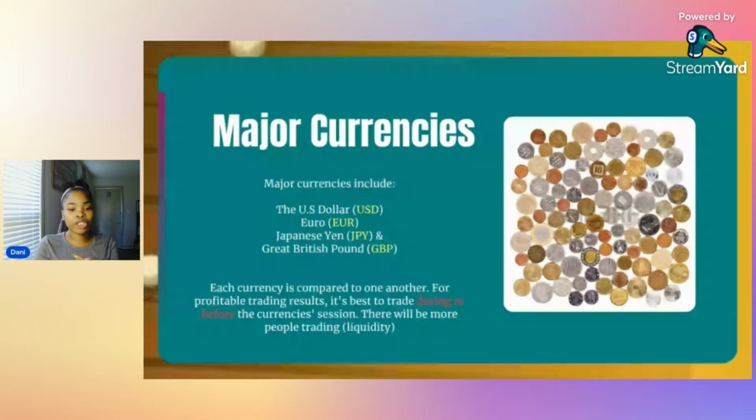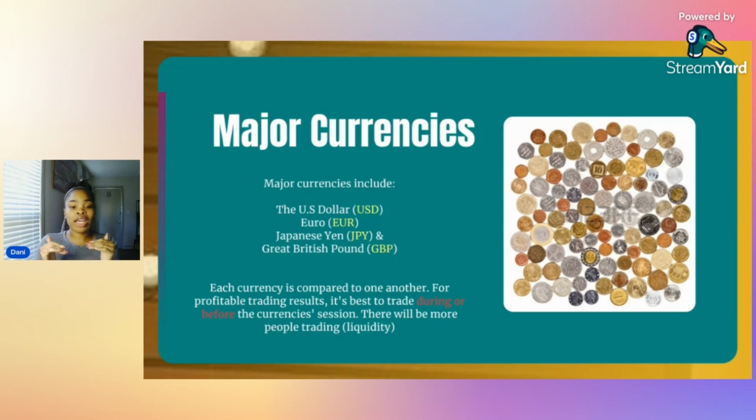These are your major currencies, your USD, your EUR, your JPY, and your GBP. A currency pair is two different types of currencies across the globe compared to each other to profit off of the fluctuation of the value of each.